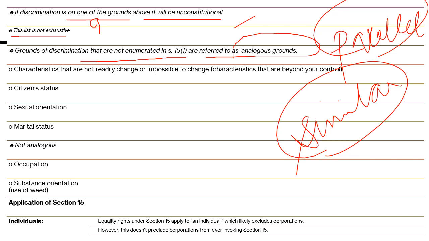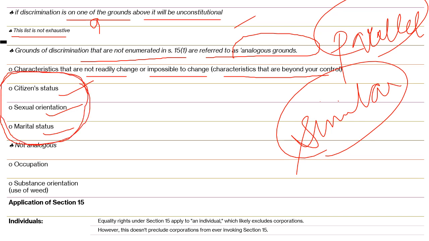These are characteristics that are not readily changed or are impossible to change, characteristics that are beyond your control. You cannot change things like citizenship status, sexual orientation, marital status. So based on these kinds of analogous grounds, nobody can discriminate against you, nobody can take away your equality right, because here you have no control.